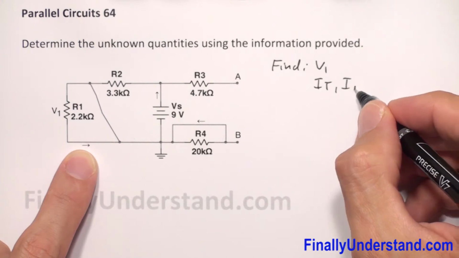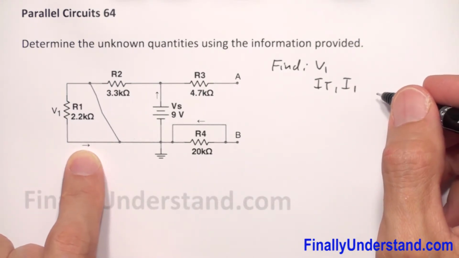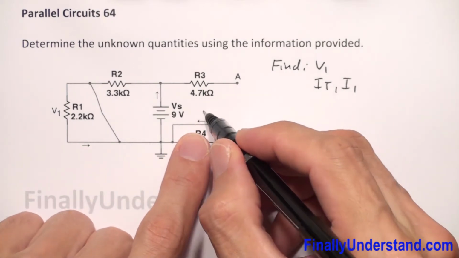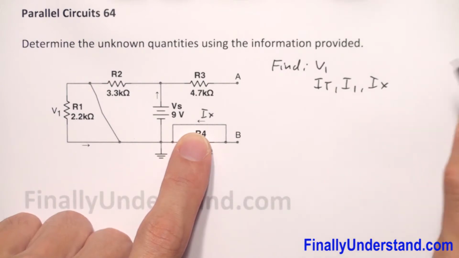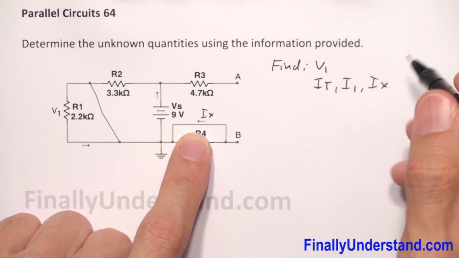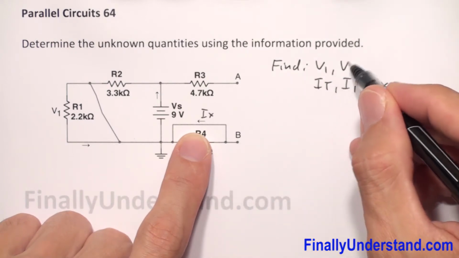Let me call this I1. And I'm going to also find this current. I'm going to call this current IX. Okay, and I'm supposed to find voltage across these 2 points, VAB.